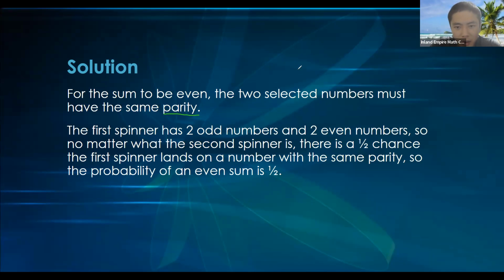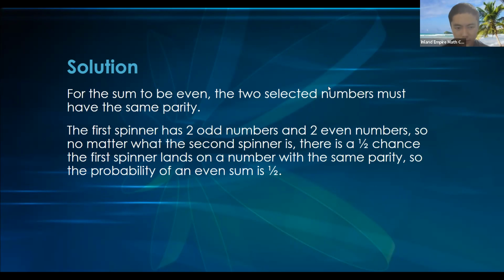So in normal English, what this sentence is saying is that for the sum of two numbers to be even, the two selected numbers have to be either both odd or both even. So you could solve it by calculating the probability that they're both even and the probability that they're both odd. But there is a much better way. There is a very clever way that you just have to think about it.